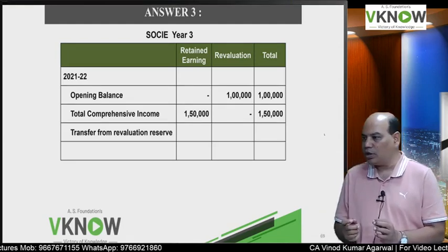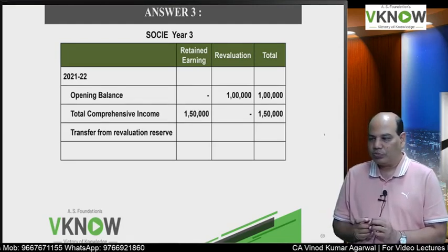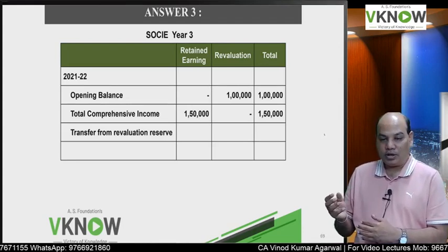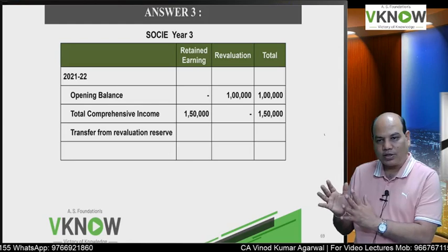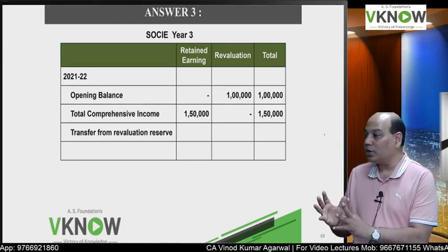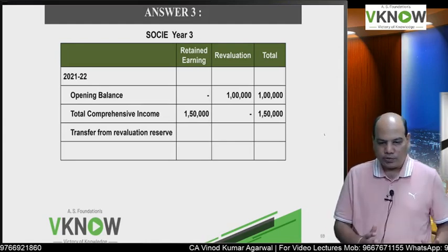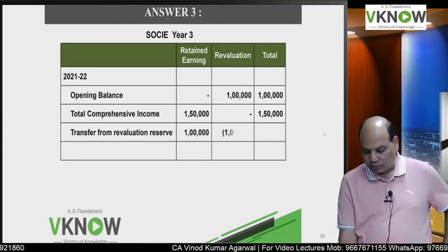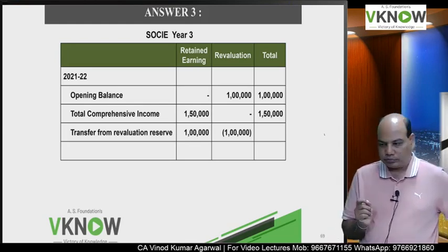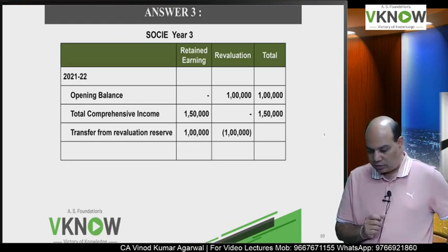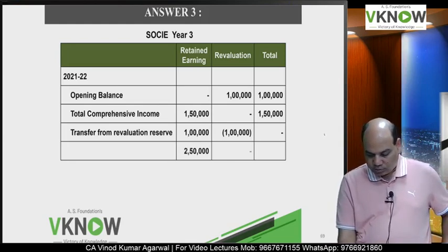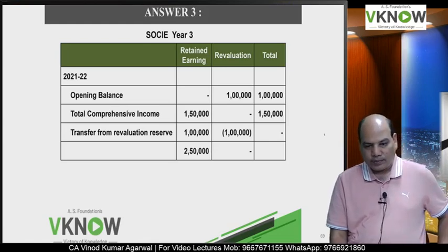We are going to learn this in Ind AS 16 also, but you have studied a similar standard, AS 10, in accounting standards, where we also had the same adjustment. Once the asset is sold, you will not keep the balance in revaluation reserve. You will transfer it to other component of equity. So we have decided to transfer it to retained earnings. Retained earnings 1 lakh, revaluation reserve 1 lakh, total 0, and then take the vertical total.